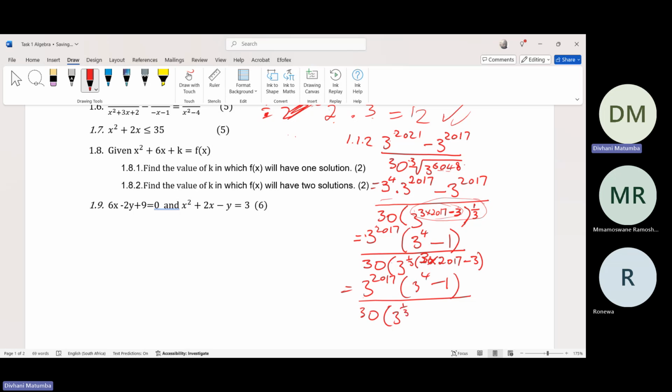If we take the common factor of 3 this side, we will have times 3. You agree? Mamswan, do you agree? There's a common factor between these two expressions.